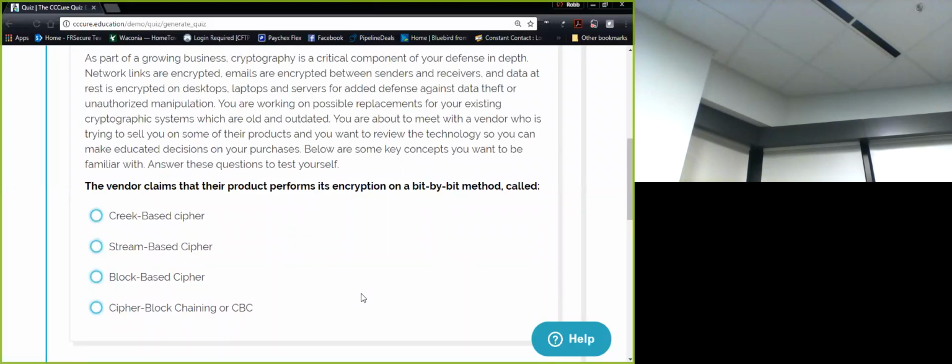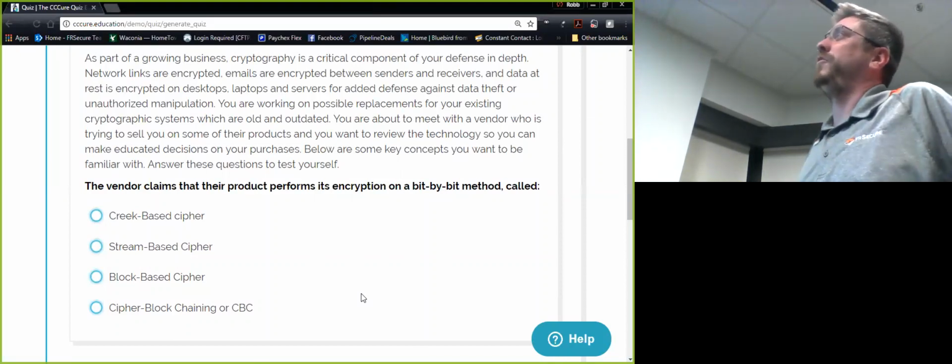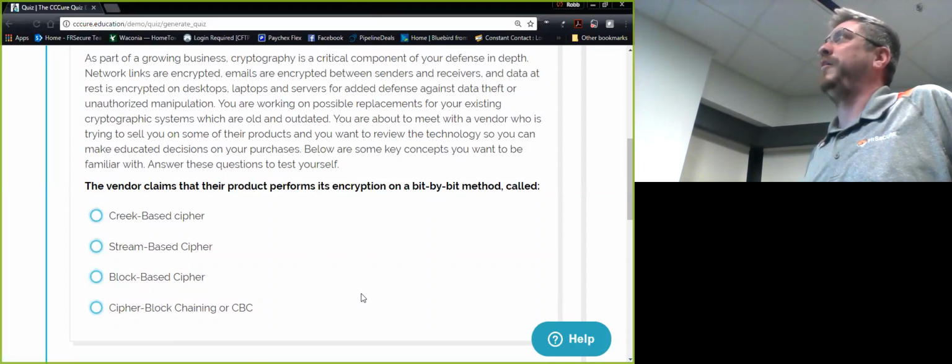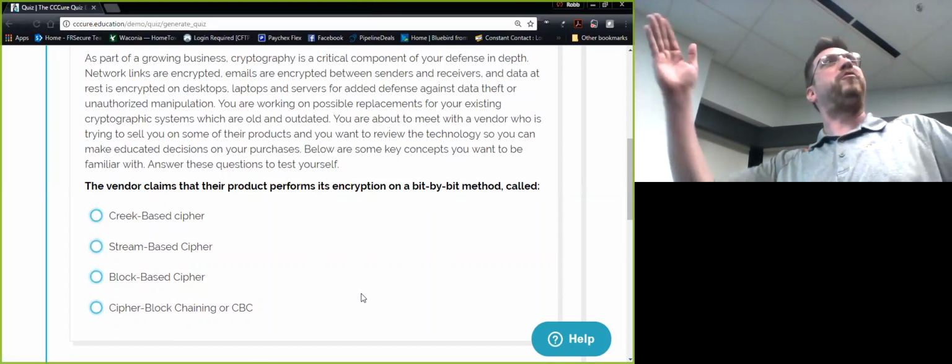Vendor claims their product performs its encryption on a bit-by-bit method called, oh, okay. It's stream-based, right? Because it's encrypting it bit by bit on the fly. Block is going to take a chunk of data, encrypt, chunk of data, encrypt.